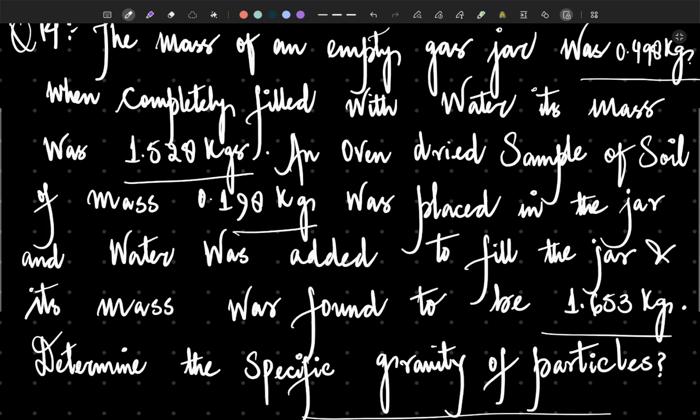This gas jar serves as a pycnometer, and the method is very similar to the pycnometer method. We'll be using the same generalized formula as in the standard pycnometer method, and we'll be finding the specific gravity.